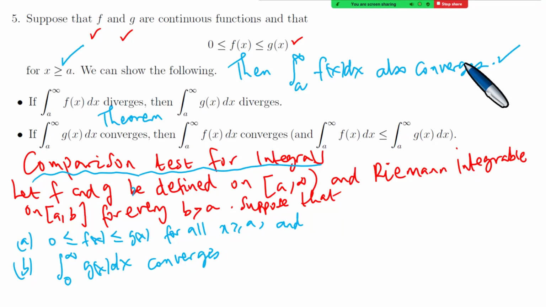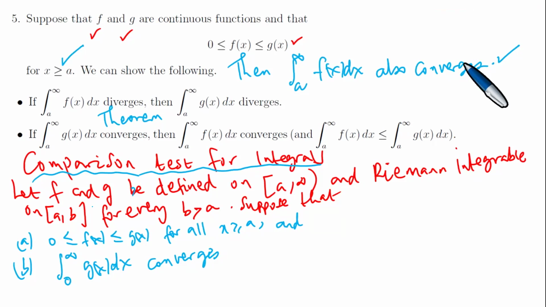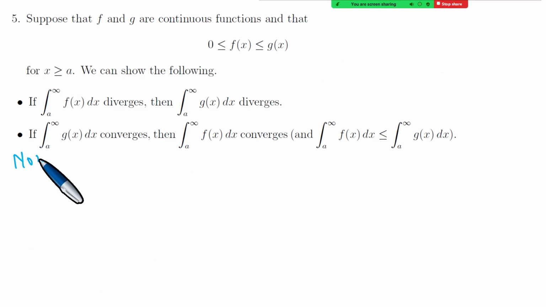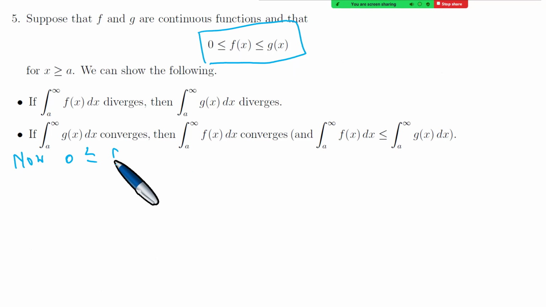So ordinarily we will use this particular result to show this here. This is how we do it. Because we know this, we know that 0 is less or equal to f of x is less or equal to g of x for x bigger or equal to a.